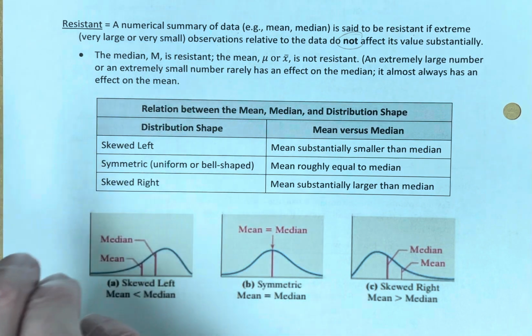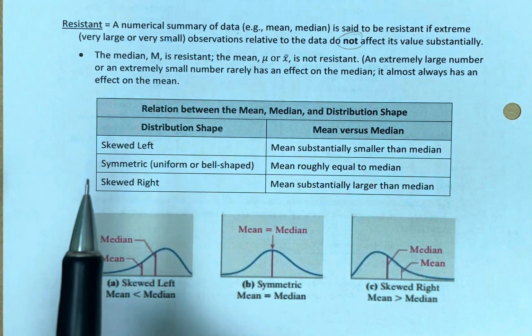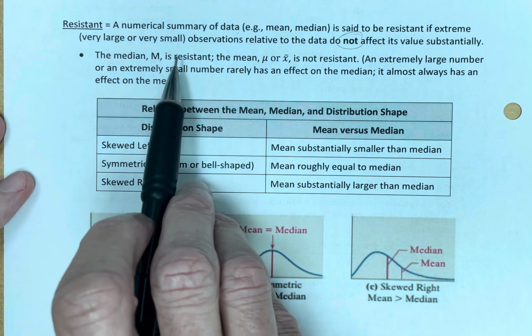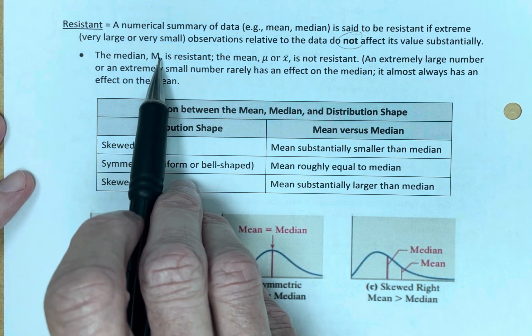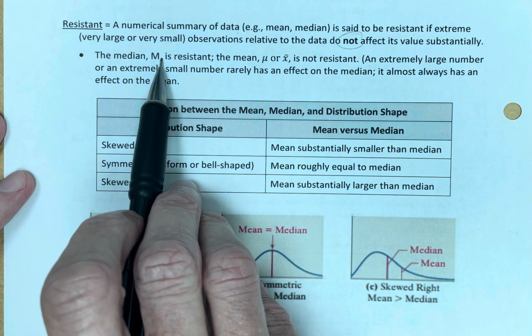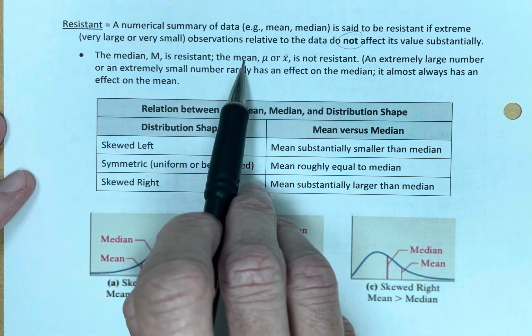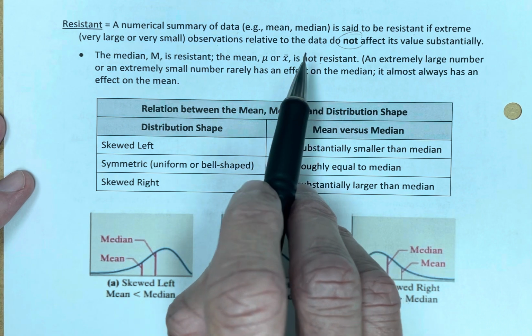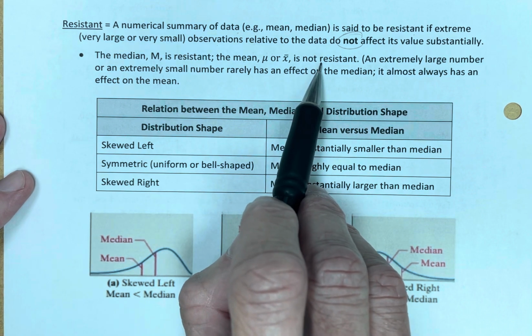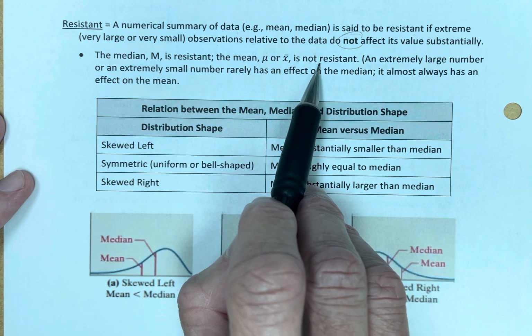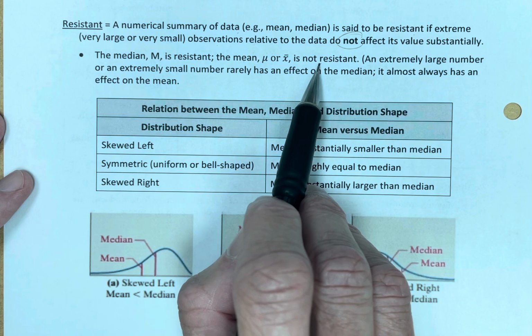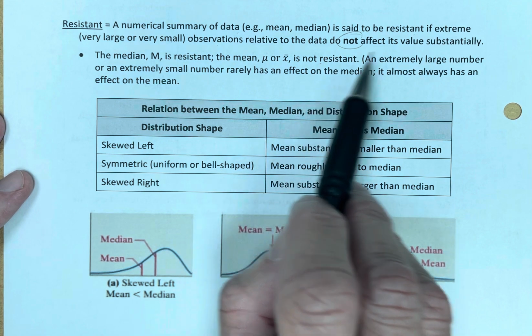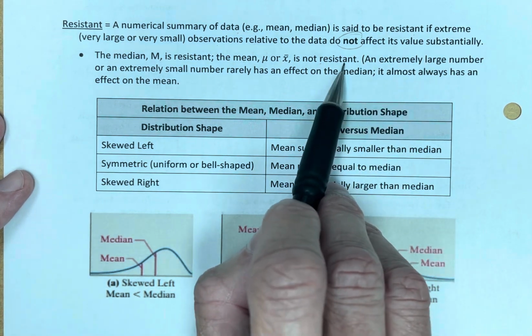An extremely large or extremely small value has next to no effect on the middle value. It doesn't change the middle much. The mean is not resistant. If you take 5 test scores that are all around, let's say 70, and then you take a 6th test score of 0, that's going to pull your mean down.